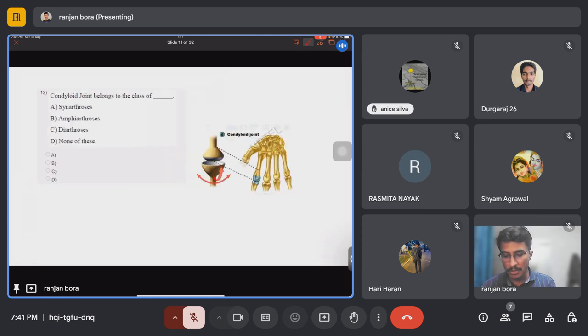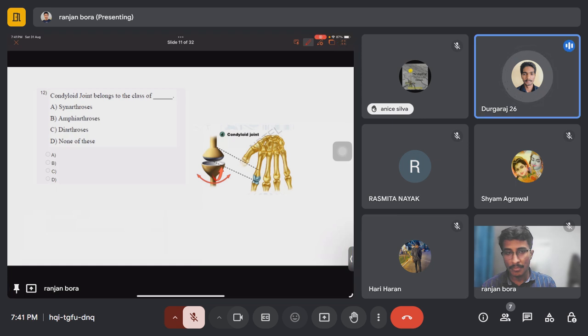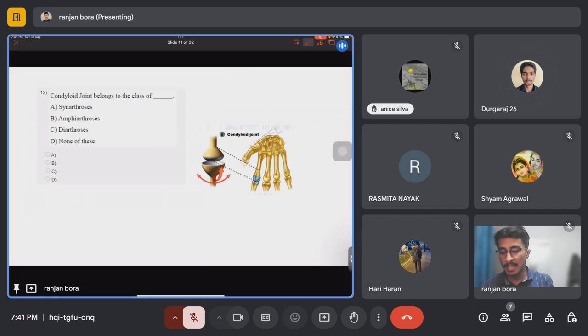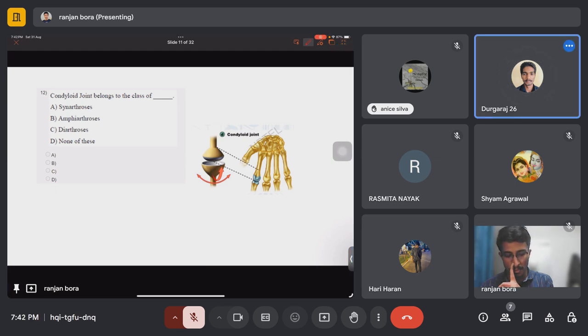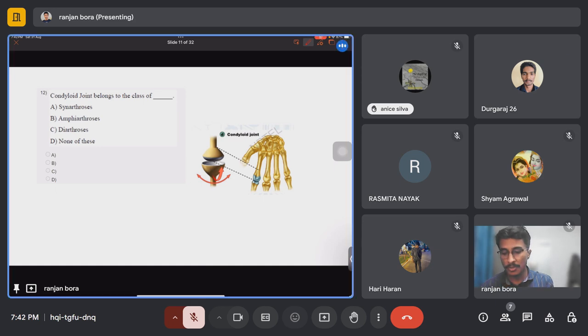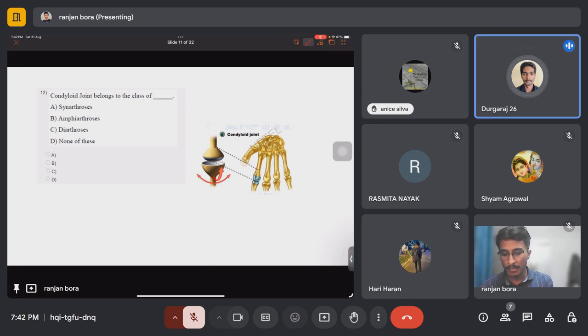Next, the condylar joint belongs to the class of synarthrosis? No, we have seen synarthrosis means immovable joints. Amphiarthrosis are also slightly movable joints. But diarthrosis is a fully movable joint.